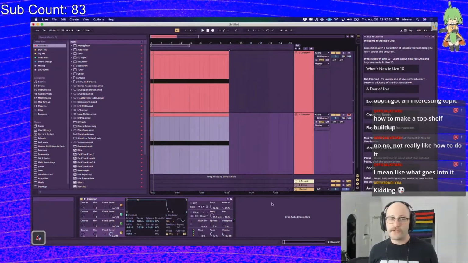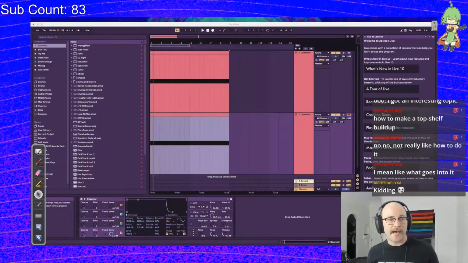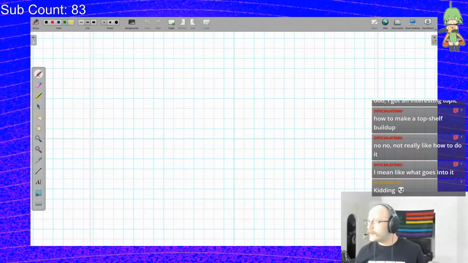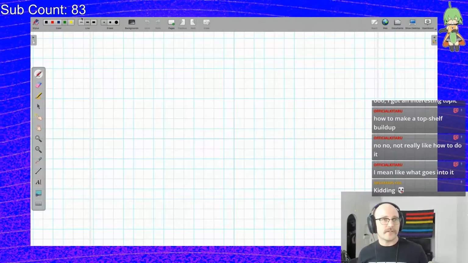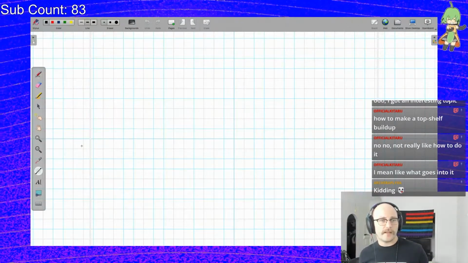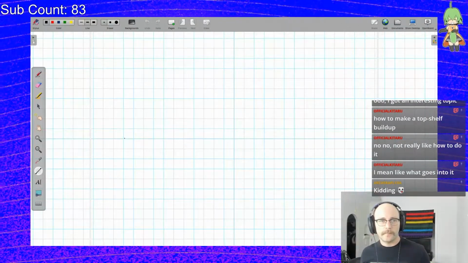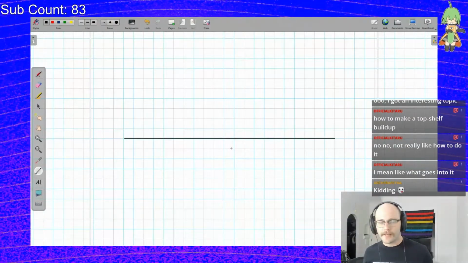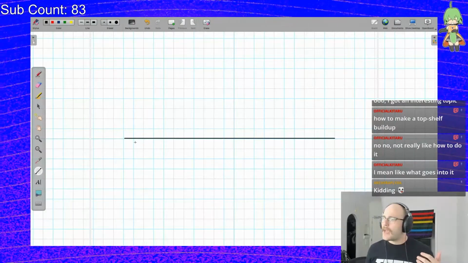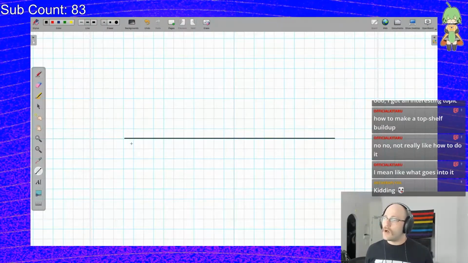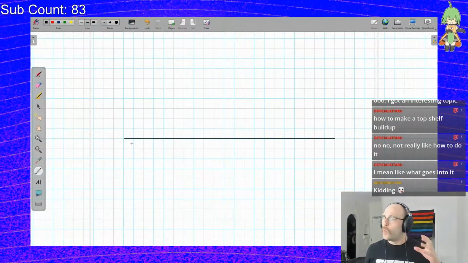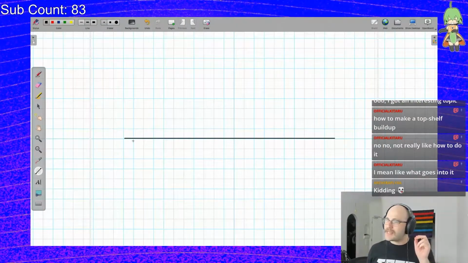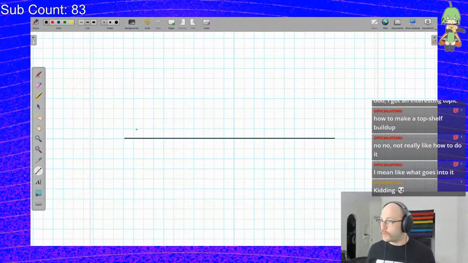Now, this has to do with a little bit of maths, which we're going to have to jump over here for. I apologize if this gets too technical, but hopefully it is not going to be the end of the world. So let's look at this horizontal line as a representation of the wave that's being sent out to your speaker cone.